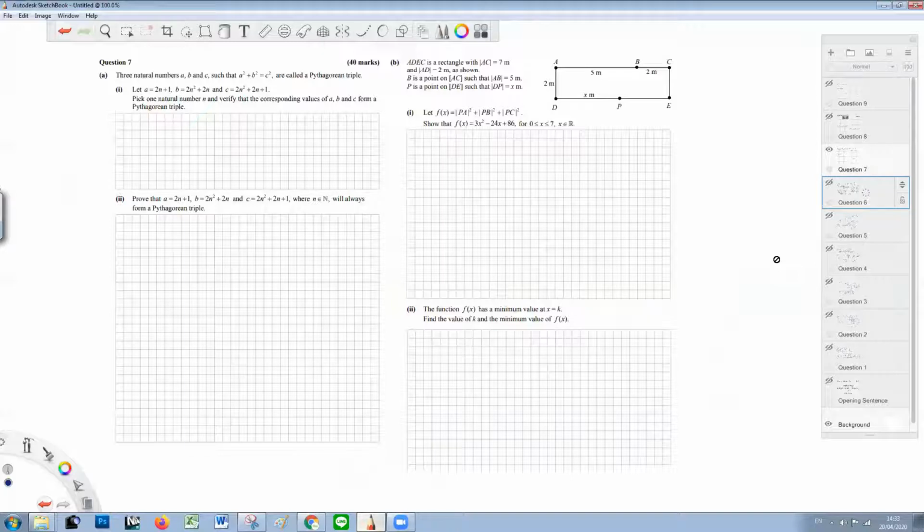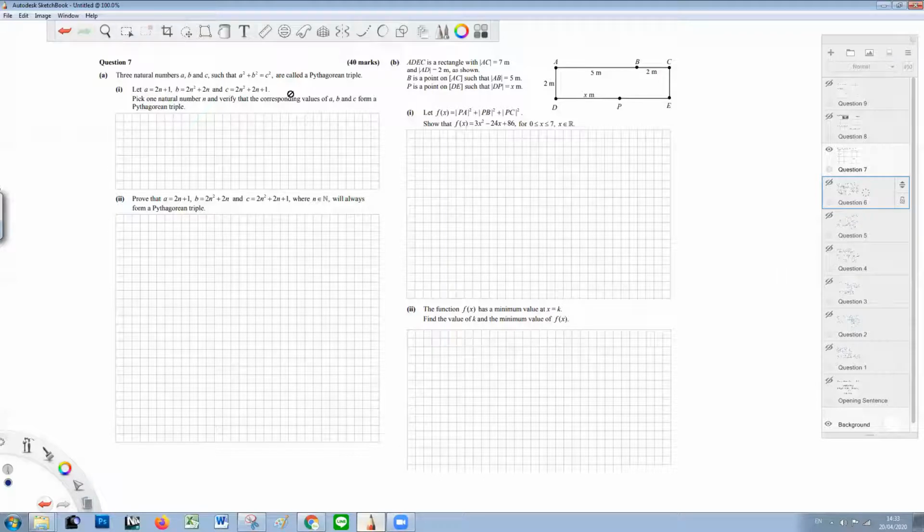Okay, next one. These 3 natural numbers a, b, c such that a squared plus b squared equals c squared are called a Pythagorean triple. Natural numbers are going to be 1, 2, 3, 4, 5, 6, not minus ones. Basically, you have to be on the plus side, and they have to be whole numbers.